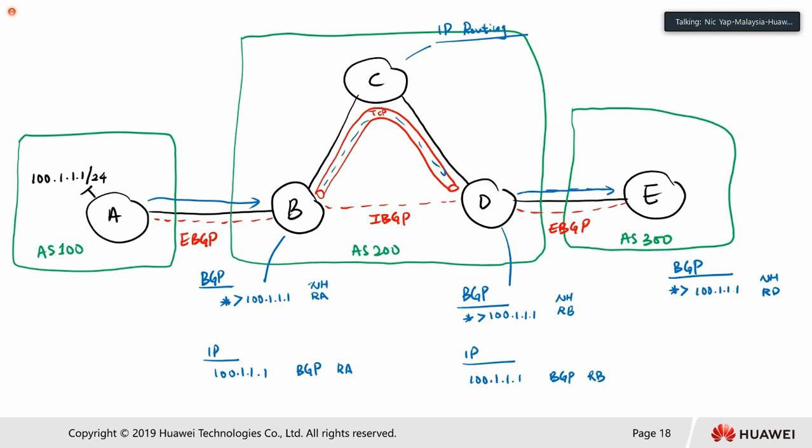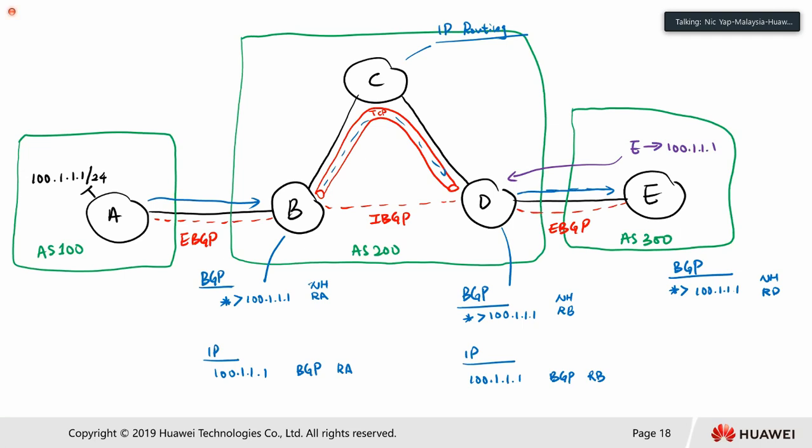This is the route advertisement. Now the next one is the data path. The data comes from router E, which wants to go to destination 100.1.1.1, so it sends to router D. Router D checks its routing table, not its BGP table, because the routing table does the data forwarding.